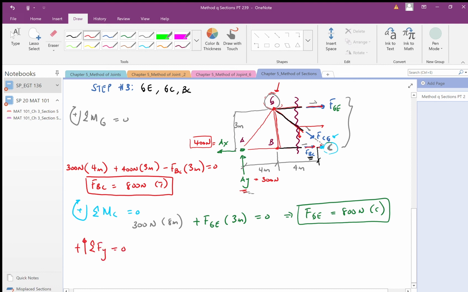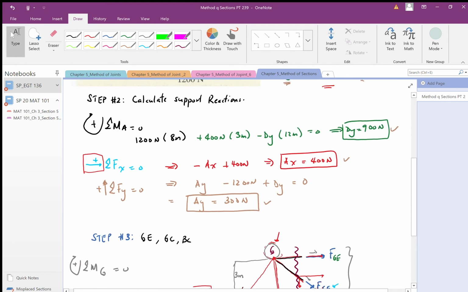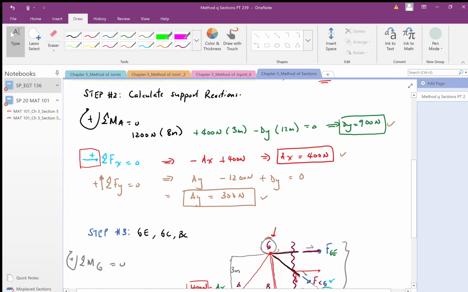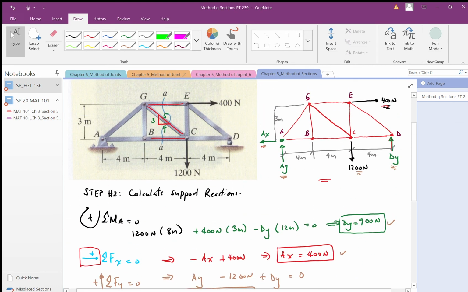And we have here our AY, and then this FCG, right? We know from the diagram above here that this is going to be a 3, 4, 5 triangle. So the vertical component is going to be 3/5, right?